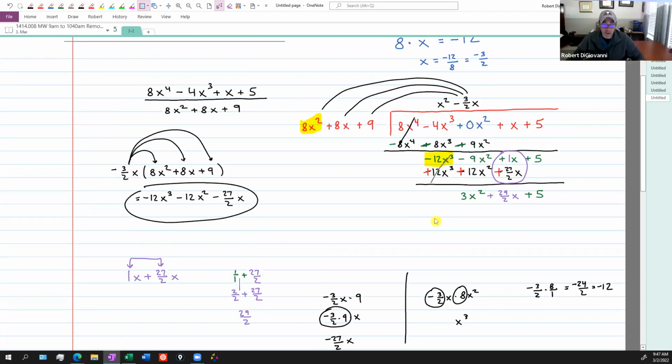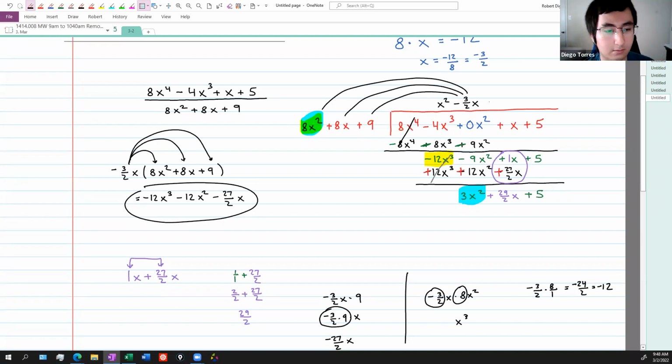All right, we got to do this again. We got to figure out how do we turn 8x squared into 3x squared. And there's a way to do it. I have to multiply. Does anyone know? What do I multiply 8x squared by to get 3x squared? 3 over 8.